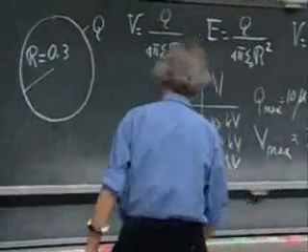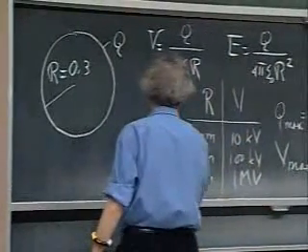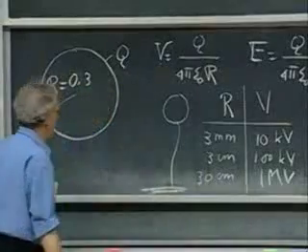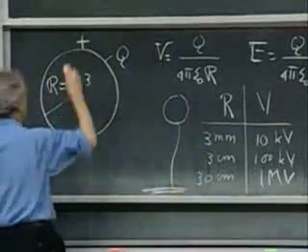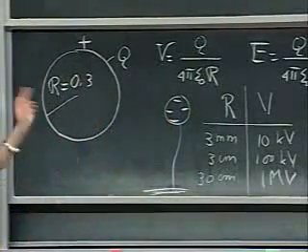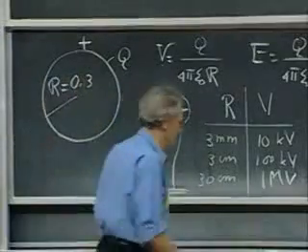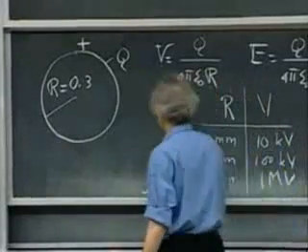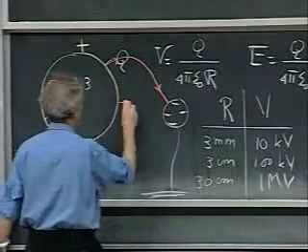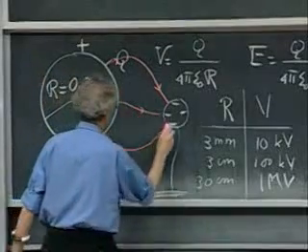Here's my Van de Graaff, and I approach the Van de Graaff with a sphere which is connected to the Earth, and if this Van de Graaff has positive charge on it, then this sphere will become negatively charged through induction, and so you get field lines which go from the Van de Graaff to this object, always perpendicular to the equipotentials. So they go like this.